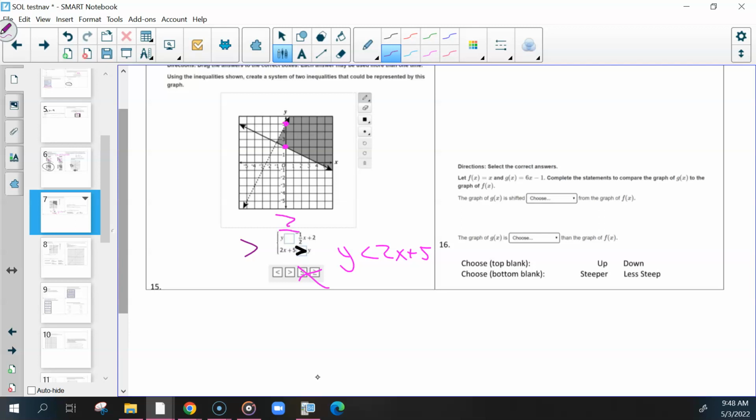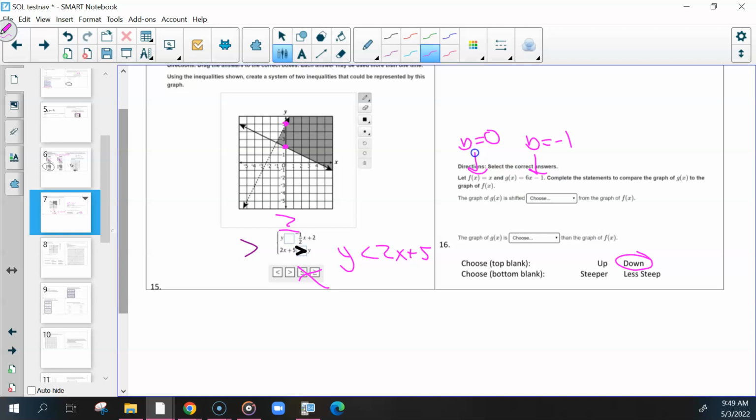What's the y-intercept of this original, the first one? 0. And the y-intercept of the second one? -1. So if you're comparing from 0 to -1, did this move up or down? Down. So that would be a drop-down menu that you would choose down out of.